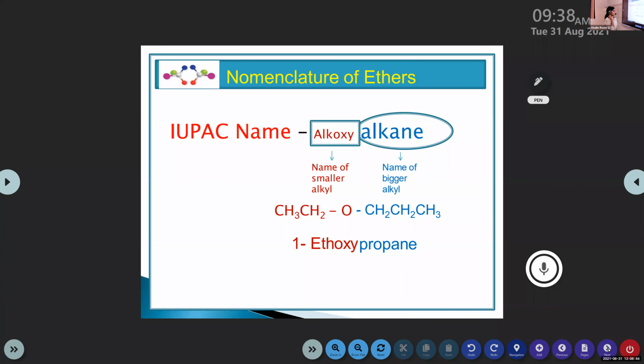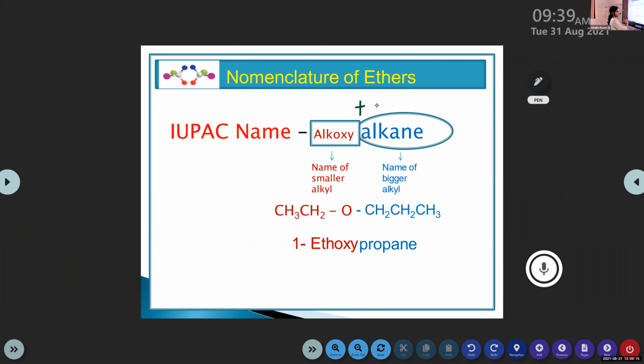In the case of the IUPAC name, first we have to find out the bigger alkyl group. If there are two alkyl groups present, select the bigger alkyl group, and it is considered as the parent chain. The smaller alkyl group we will write first, and along with its name we will add oxy, alkoxy.